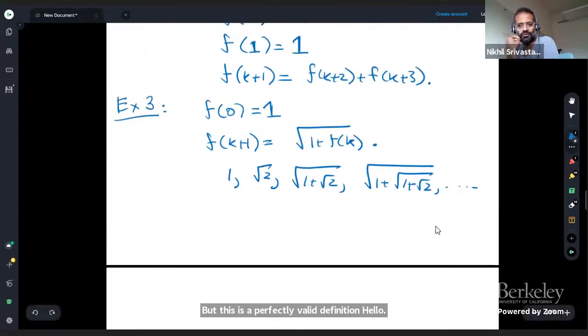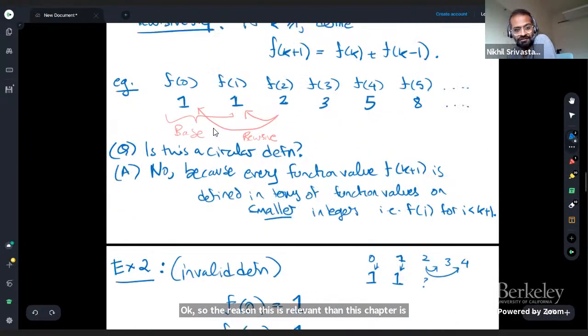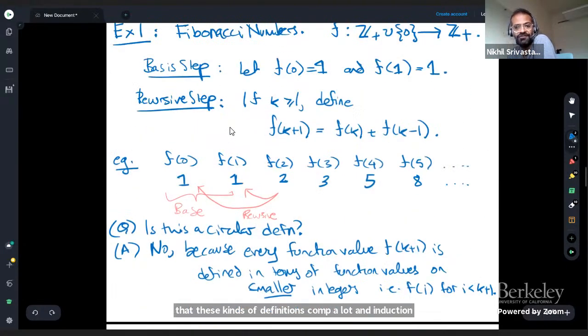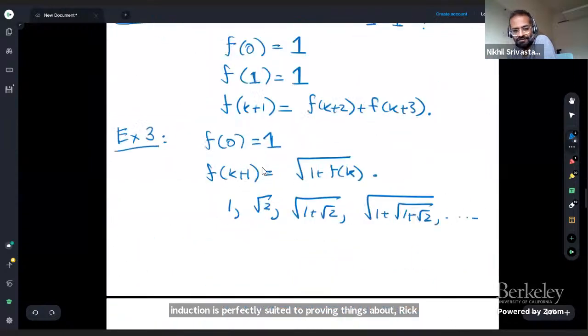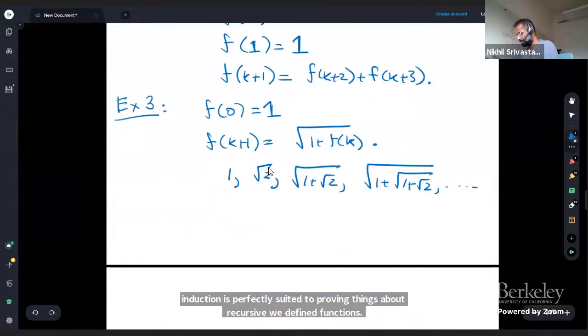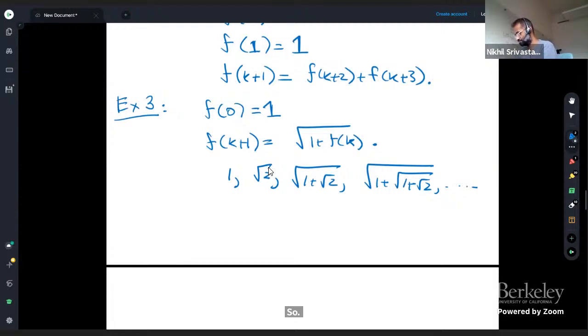Okay, so the reason this is relevant in this chapter is that these kinds of definitions come up a lot, and induction is perfectly suited to proving things about recursively defined functions. So what do recursive definitions do?